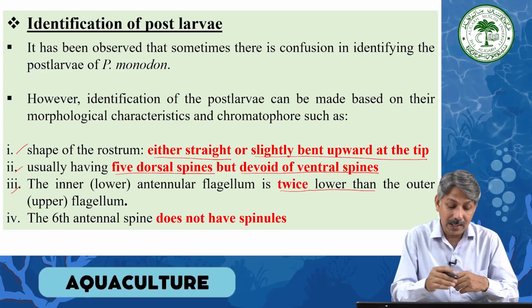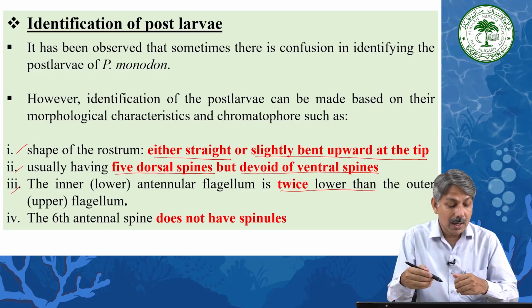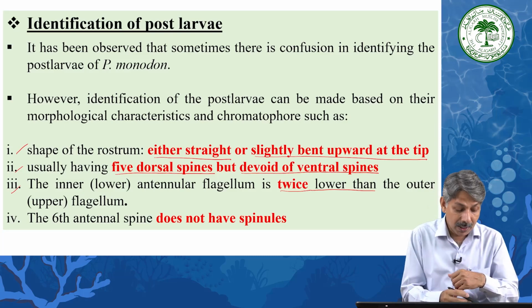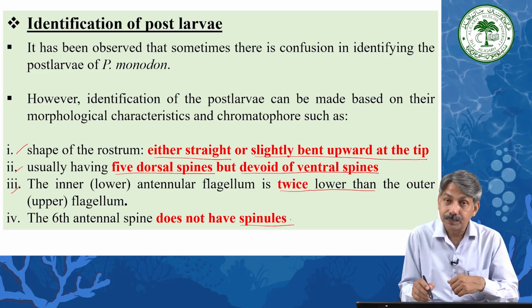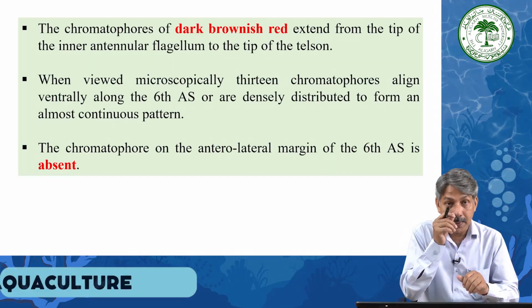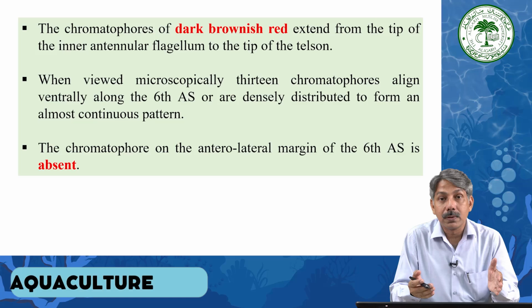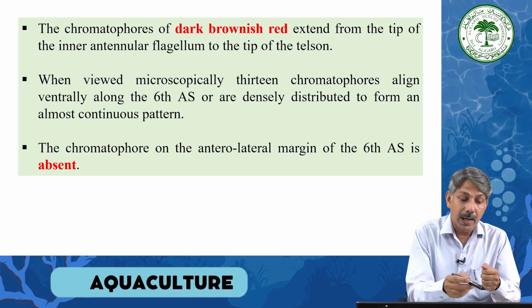So, you will have to observe the upper and lower flagellum, how long they are and how they compare to each other. The sixth antennal spine does not have spinioles. These points may help you out in identifying the PL stage which you wish to have in your pond.